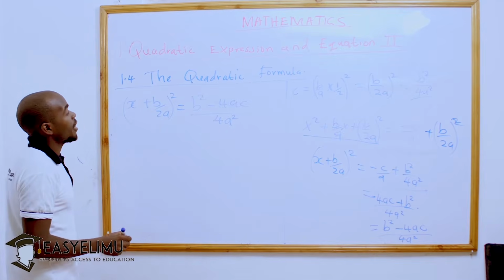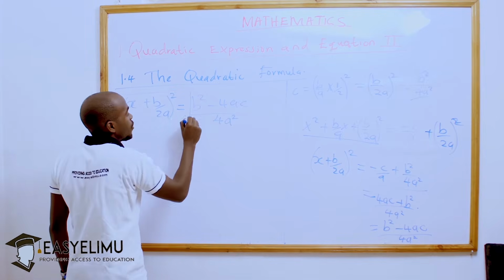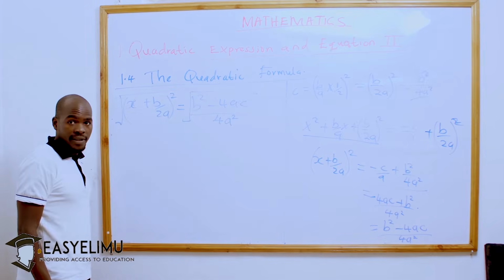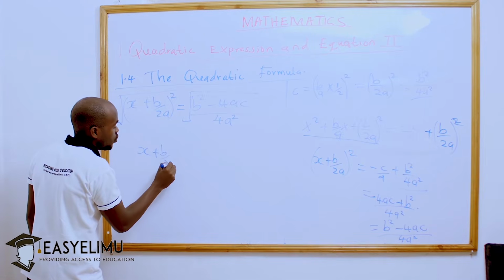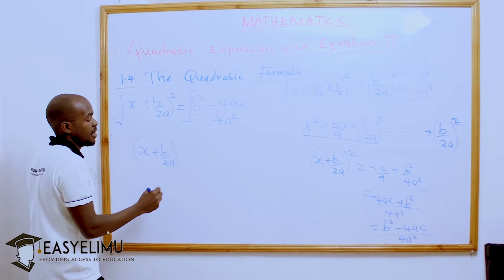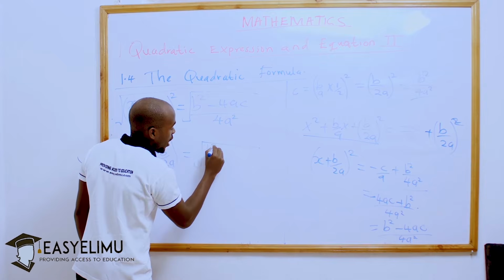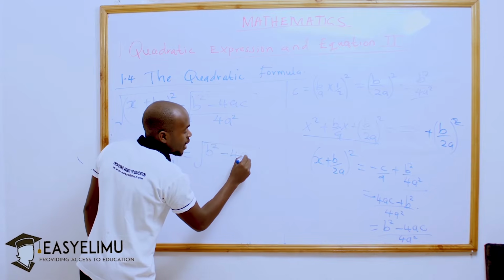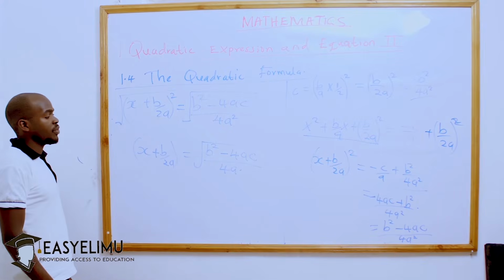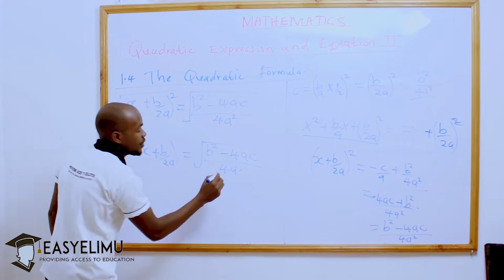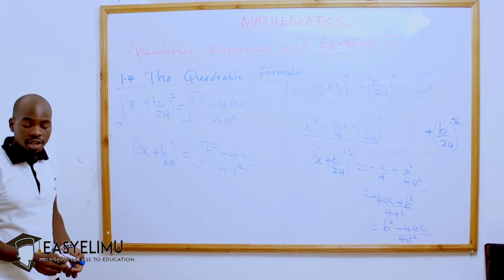Finding the value of x means we find the square root of this side, and also the square root of the right hand side. Doing that, we remain with x plus b over 2a on the left hand side, equal to the square root of b squared minus 4ac over 4a squared, because that is what we have in the numerator.